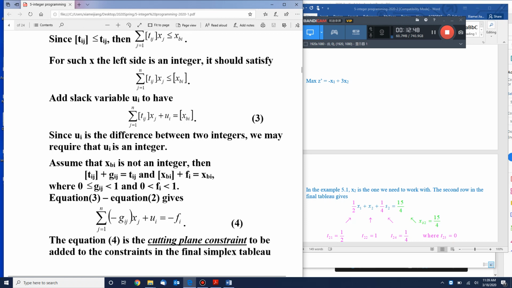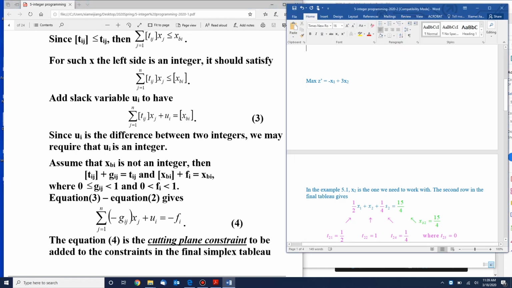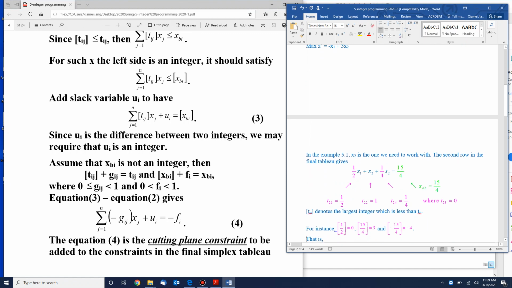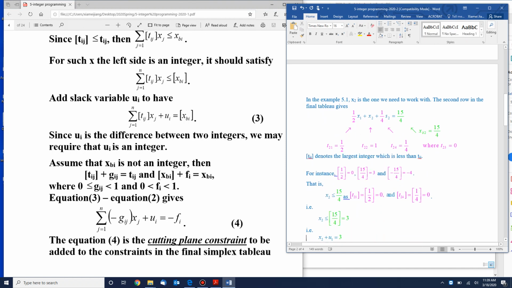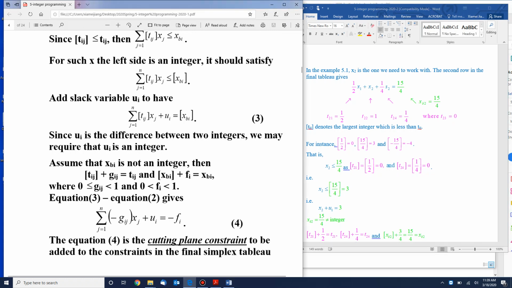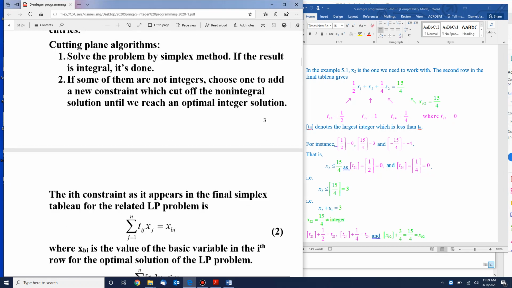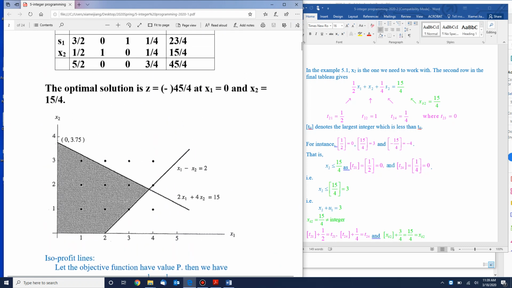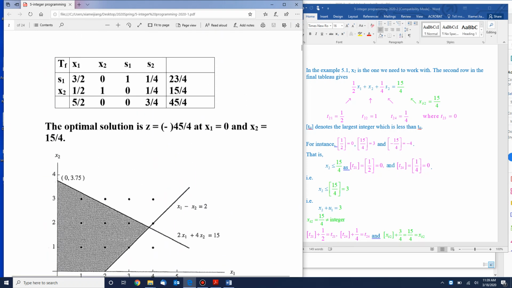Now let's go back to example 5.1. As you remember, x2 is the one we need to work with. The second row in the final tableau is, if we go back to here, you can see that it is a half of x1 plus x2 plus 1/4 s2 equals 15 over 4.